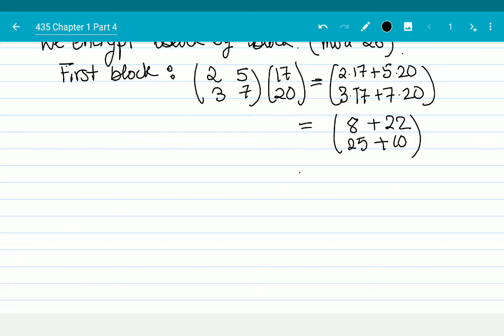When I say over, there's no actual over, this is not a fraction, which is equal to 4, 9. So the first block gets 4, 9.